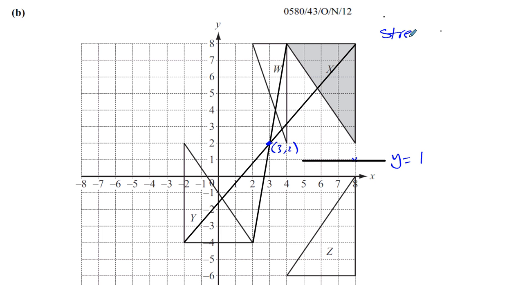Just for those of you who might be curious, for a stretch you say the invariant line, which you don't really need to know, is the y-axis, and the stretch factor is going to be a half, because it's 4 divided by 8. It's the distance from the invariant line to the image over the distance from the invariant line to the object.